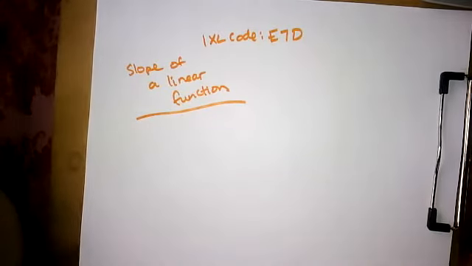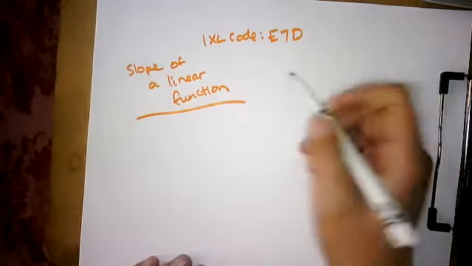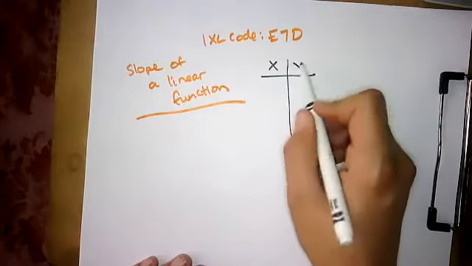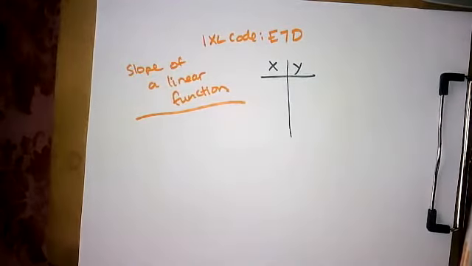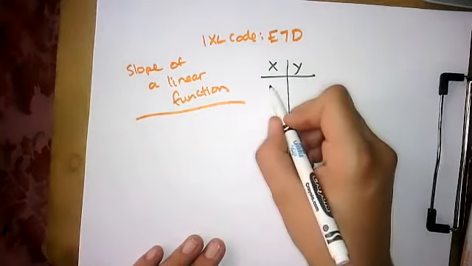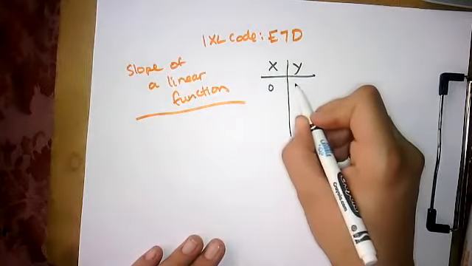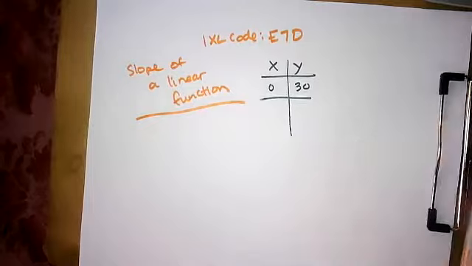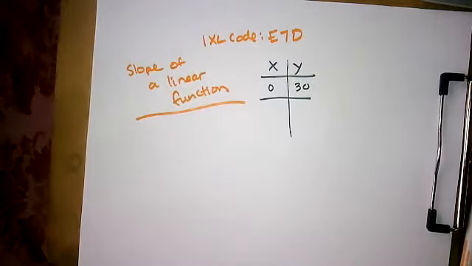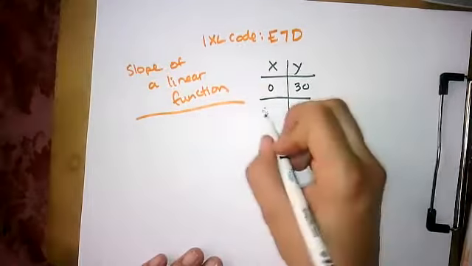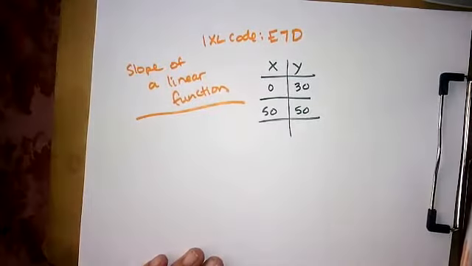If I'm looking for slope, I just have to find 2 points. If I'm looking at a table of x's and y's from this graph, I can choose any 2 points that are on here. The first one I can see visibly is 0, 30, so that's here. If I keep tracing this up, this is a good one, 50, 50. And the next one on this one would be 170.